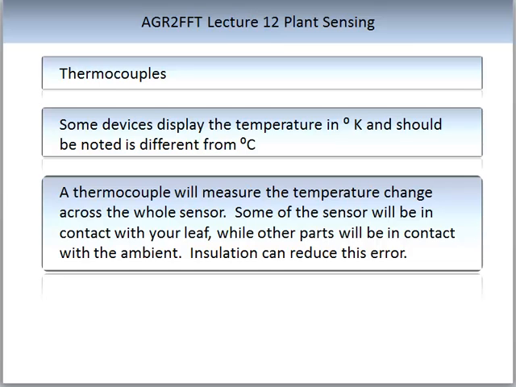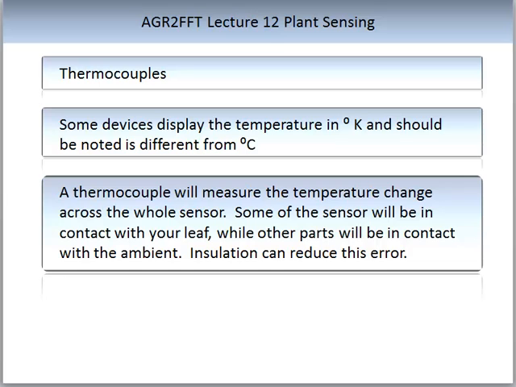Some of your sensor will be in direct contact with your leaf, and this will represent the temperature of the leaf, while part of the sensor will be in contact with the ambient air temperature. Insulation can reduce this error, but it is worth noting. As an actual leaf temperature, the thermocouple can be subject to error due to this important component of the sensor.